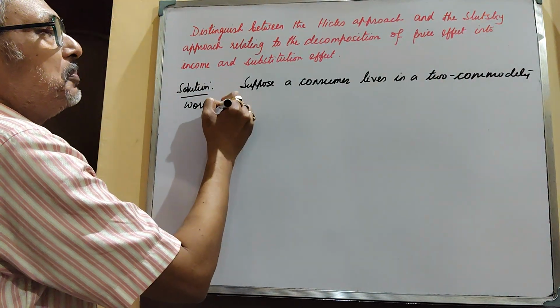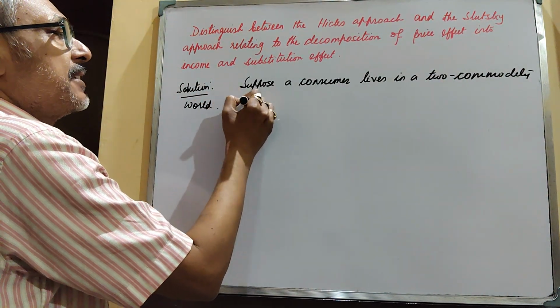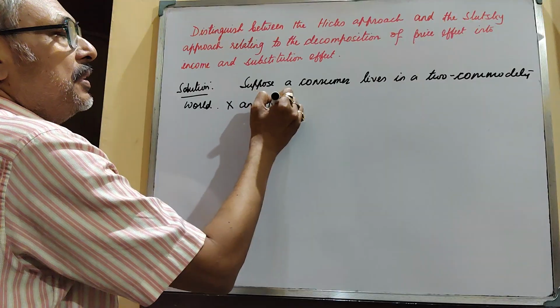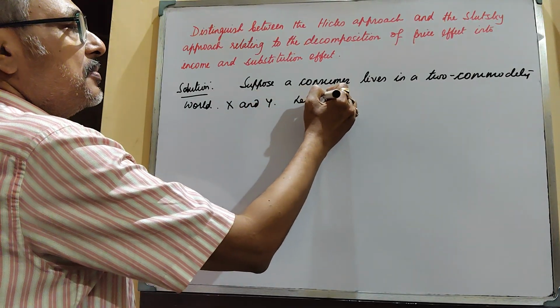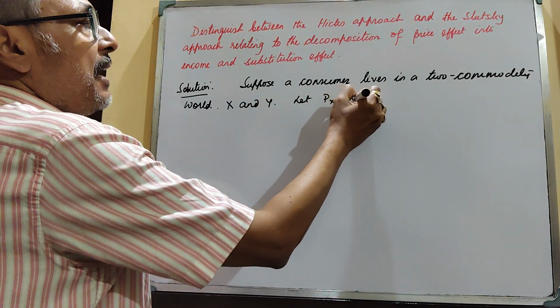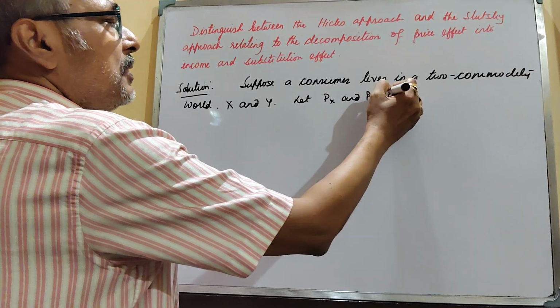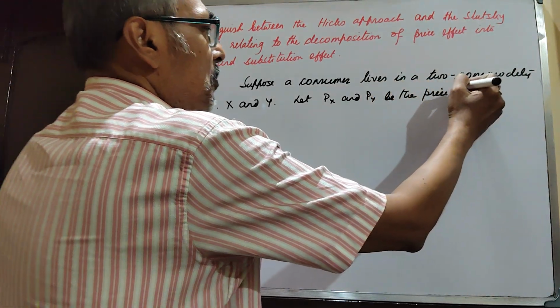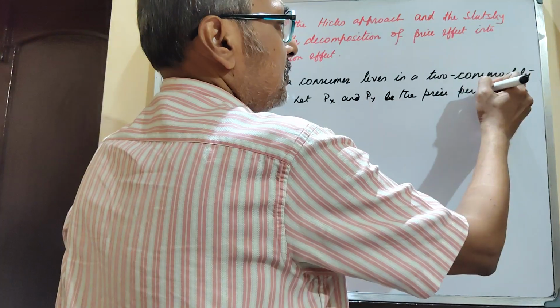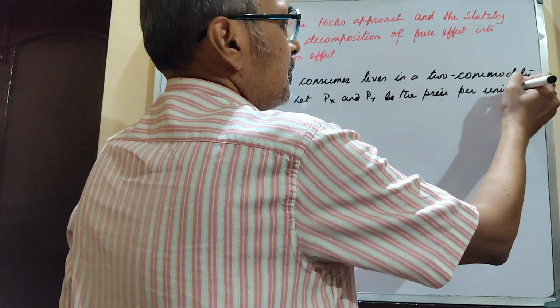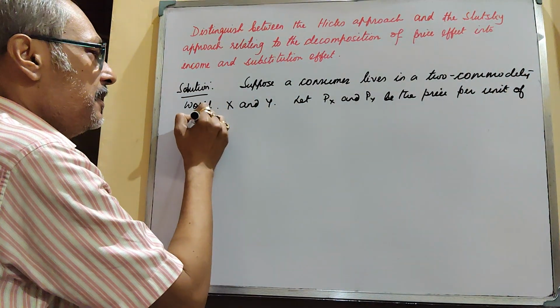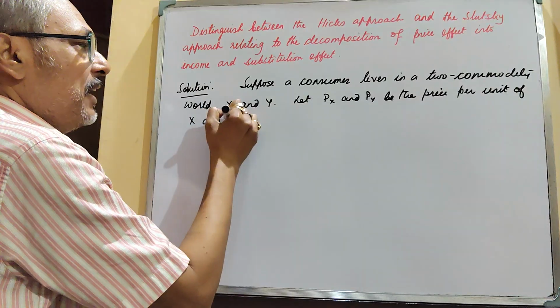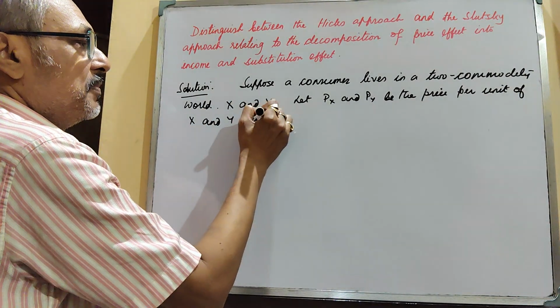Two commodity world means suppose there are two goods X and Y. Let Px and Py be the price per unit of X and Y respectively.